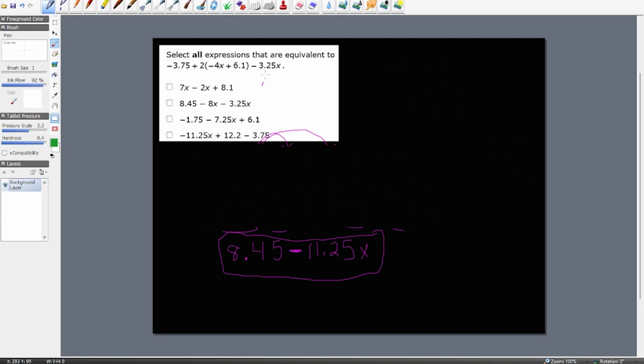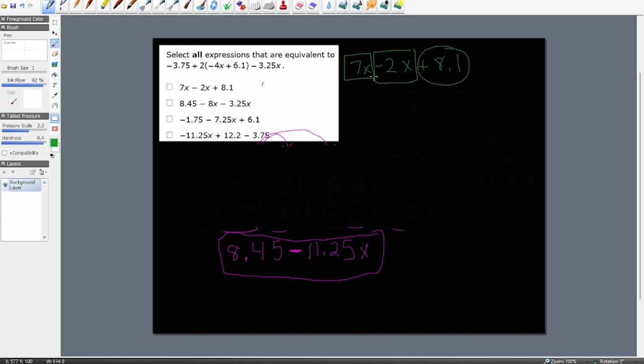All right, let's simplify this first expression. We're going to go through each one and find the ones that are equal to 8.45 minus 11.25x. I'm going to put boxes around my x terms here, including the sign to the left, and we just have one constant right there.